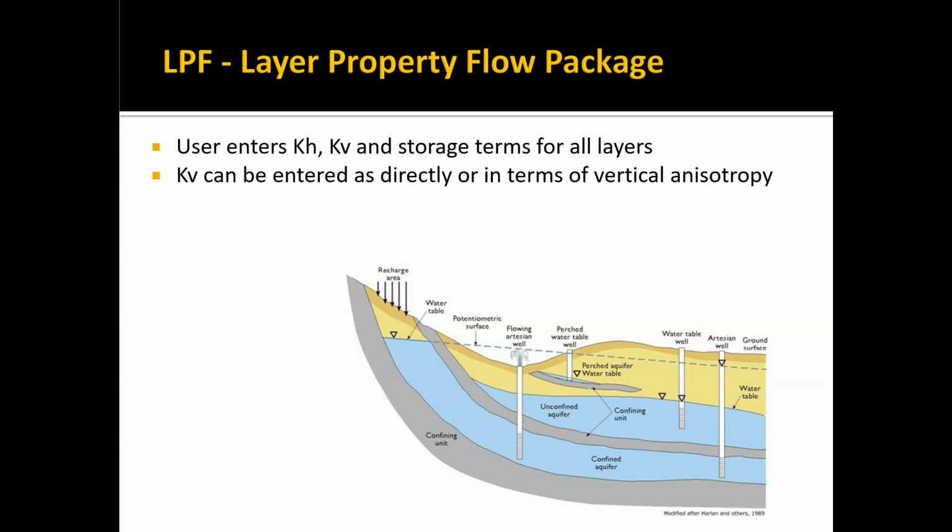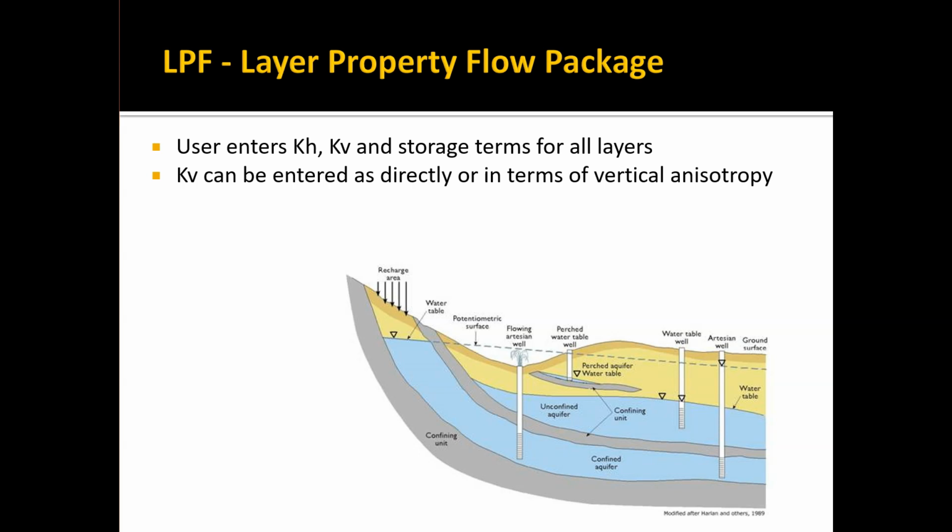So, for example, you could say, well, my kV is always 1/5 of my kH term. Then no matter what kH you enter, it automatically scales it by a factor of 1/5 to get kV. And so that can be a really useful way to define that.